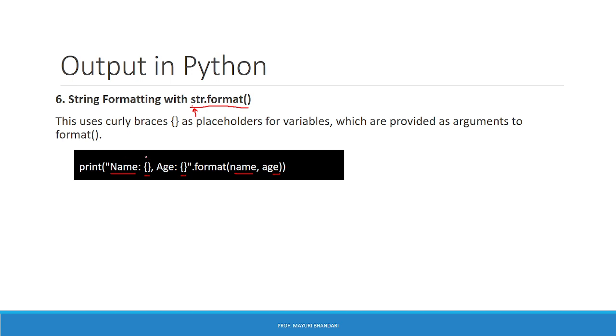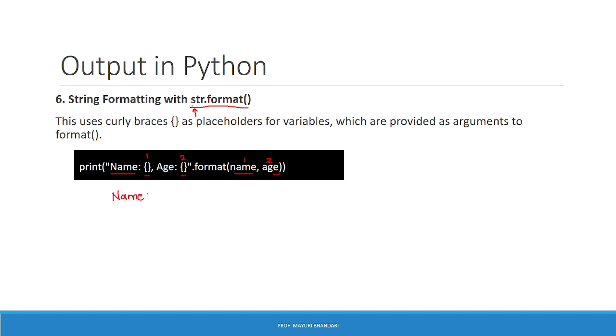So this is the first one. The value of the first variable will be placed here. This is second, so the value of the second variable will be placed here, and so on. You can give n number of curly braces and you can print n number of values using this formatted string. ठीक है? So how will this output be printed?